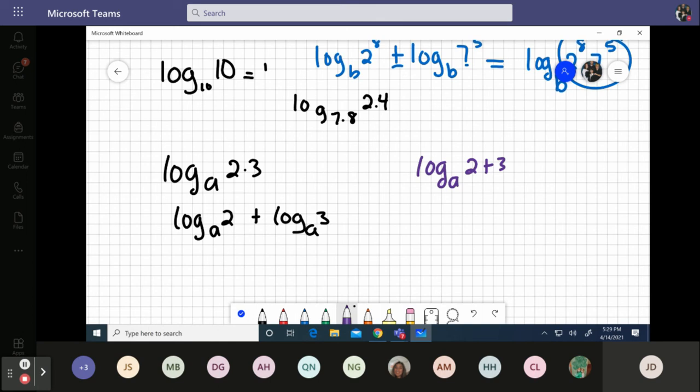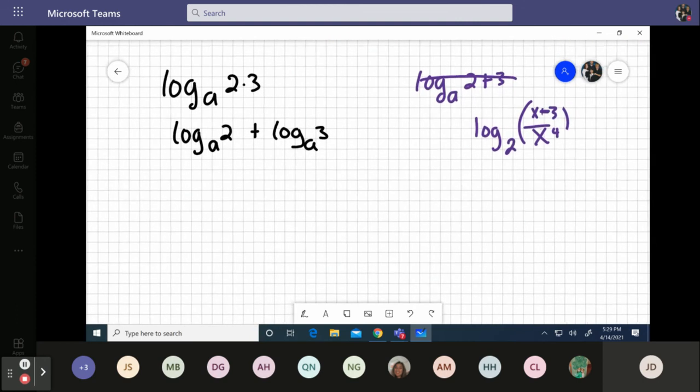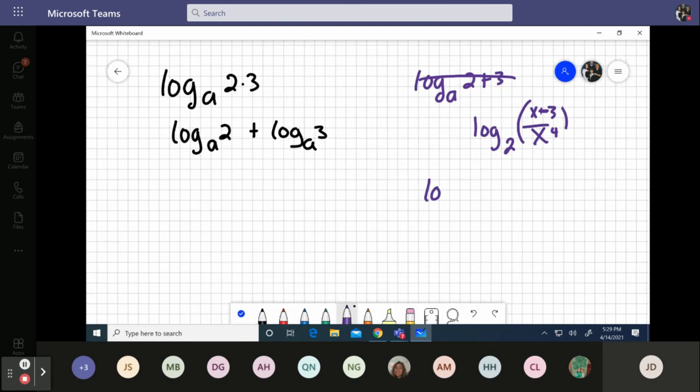So when I have 34, I have log 2 of x minus... I do have 2 things I can hit. 2 of x minus 3. And you're going to be done with that.